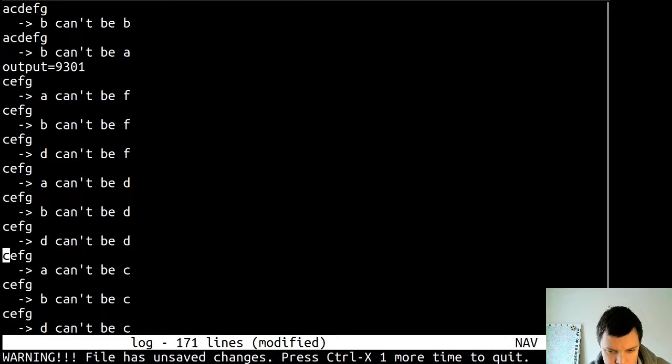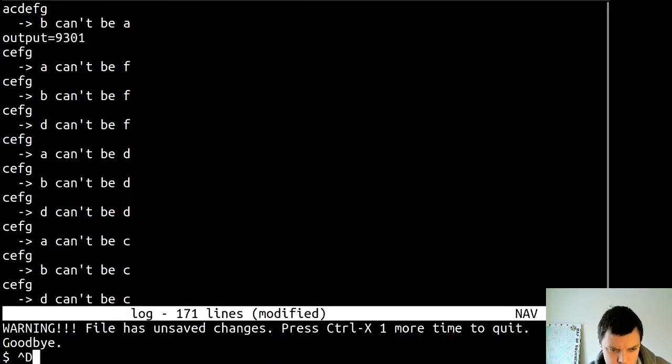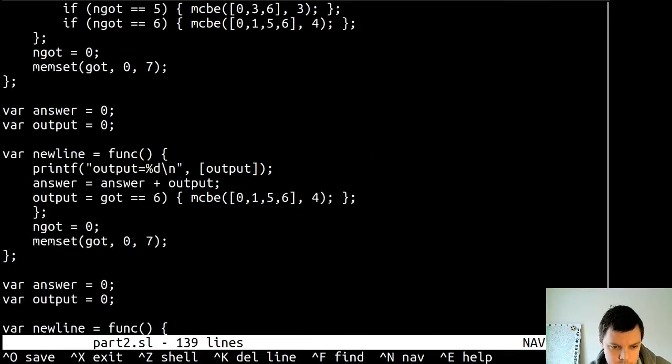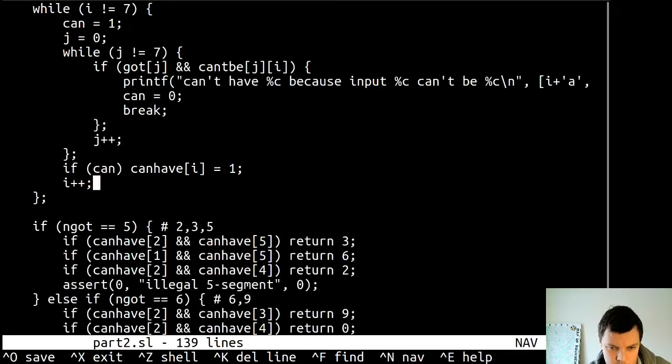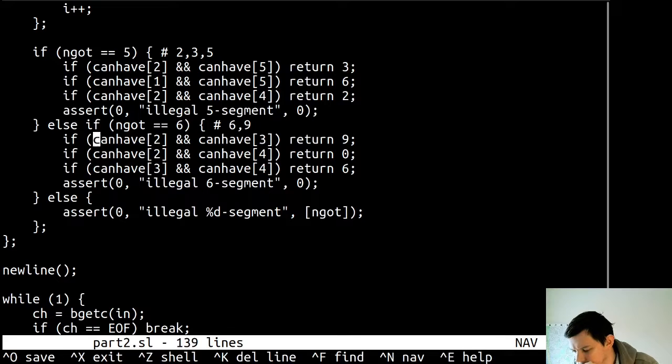Oops. Well, given that we try to return 9 before we try to return 0, the fact that it's saying 8304 instead of 8394 rather suggests that we've made a false assertion that we can't have something.